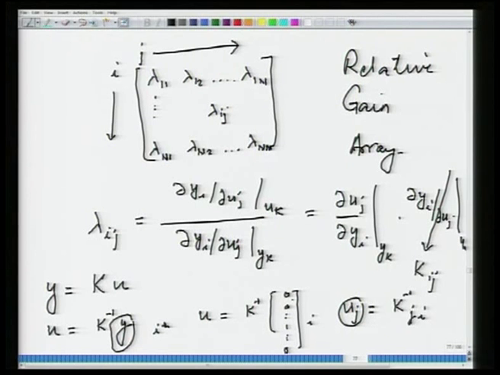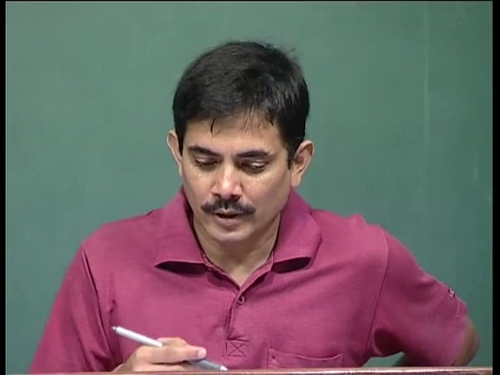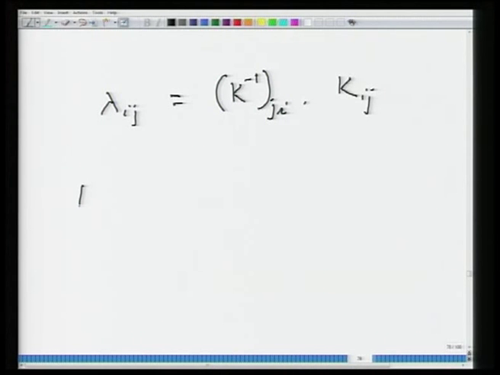So, what I get from this is that lambda ij is equal to the k inverse matrix, its j ith element, times the gain matrix times its i jth element, and if I have to do it for all values of i and j, then what I get is my relative gain array.